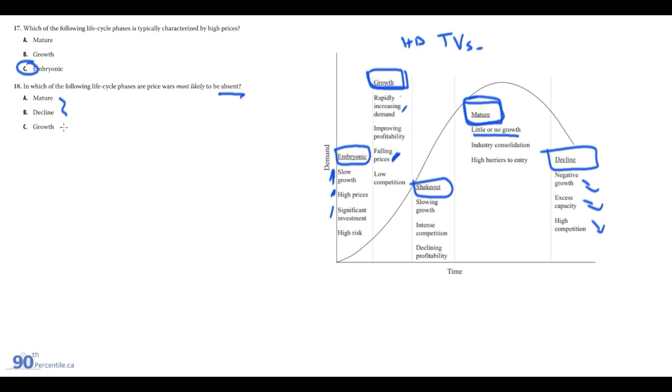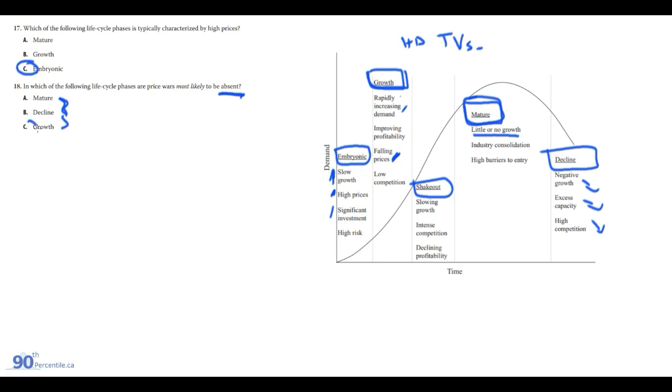Yeah, I mean, just from the answers here, I would have put embryonic. You can't really compete on price when your products at the very beginning cost so much to produce, and you're one of a couple producers, right? So I would have put embryonic, but based on the answers here, embryonic's not here, right?